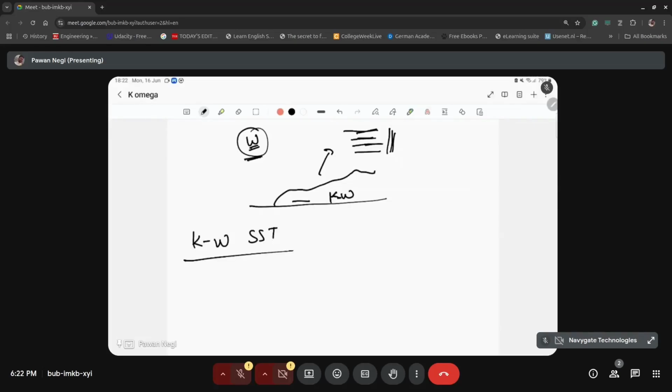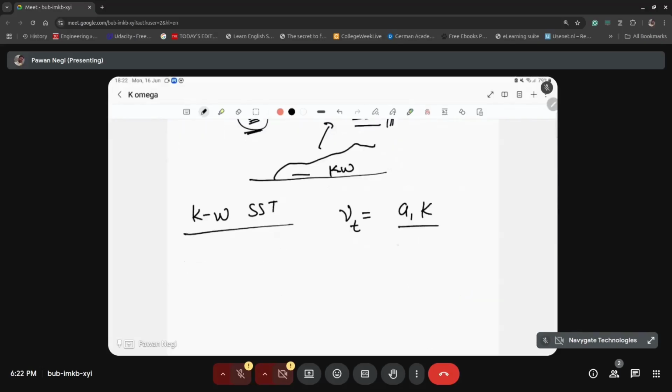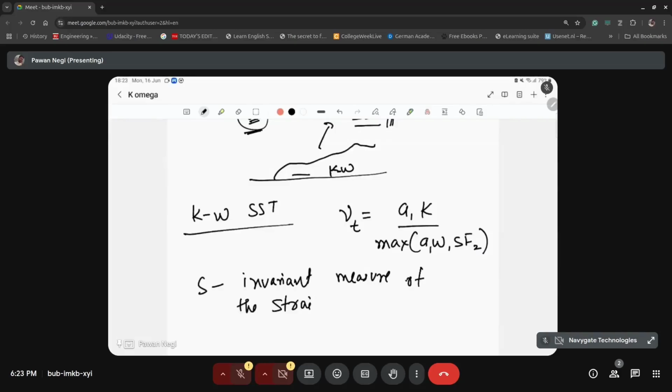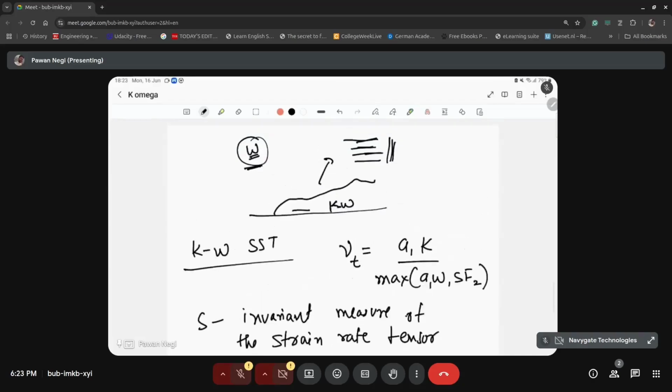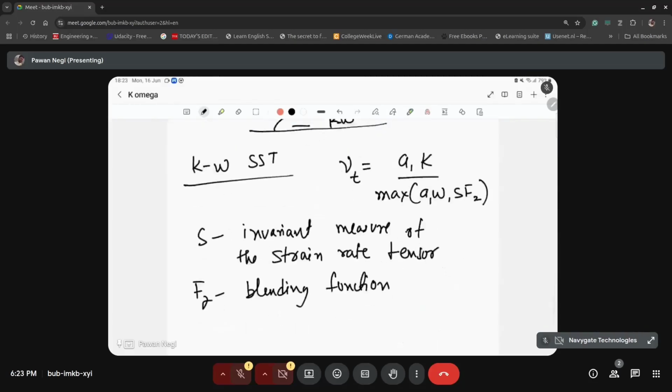In this model, the turbulent viscosity is evaluated by this particular formula, which is the max of A1 times omega, S times F2, where S is the invariant measure of the strain rate tensor and F2 is a blending function. The blending function makes sure that when we are changing a model from K-Omega to K-Epsilon, the transition is smooth.